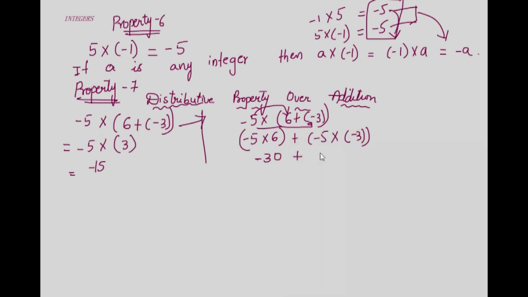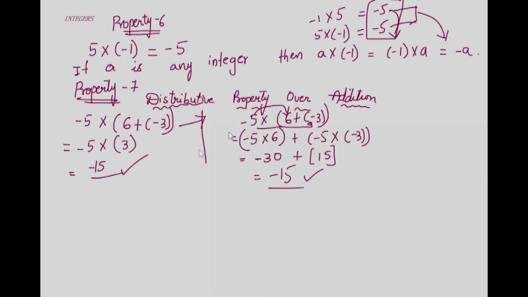Minus into minus is plus, no need to write plus here. 5 into 3 is 15. Minus 30 plus 15 is equal to minus 15. See, we got the same answer in both cases.